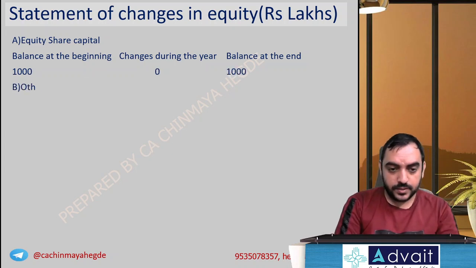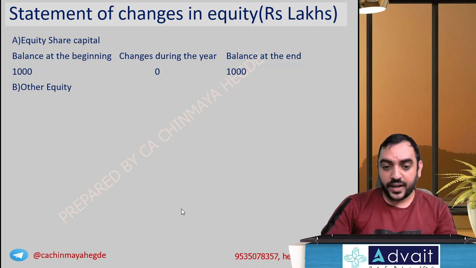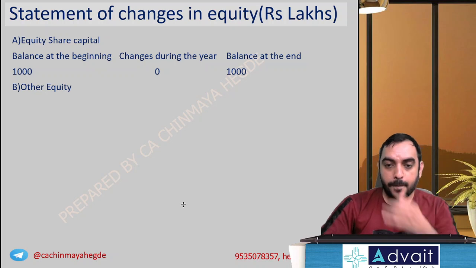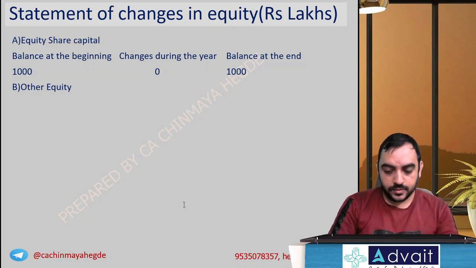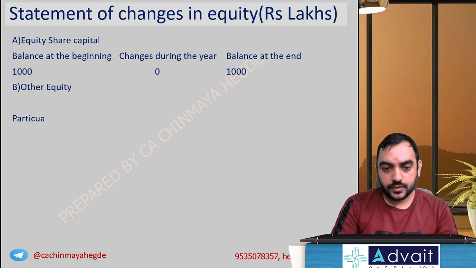Then other equity, where we have to provide individual items. Particulars: we don't have any OCI items, we only have reserves and surplus.